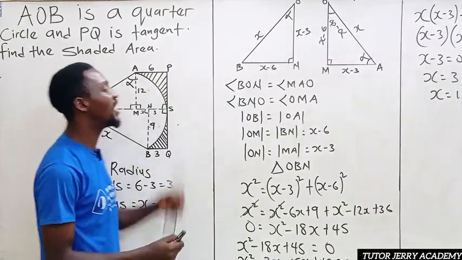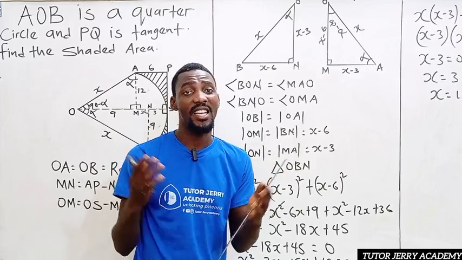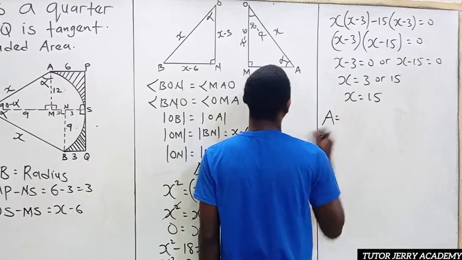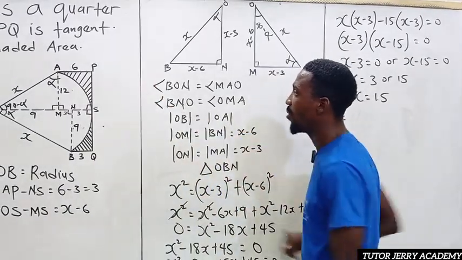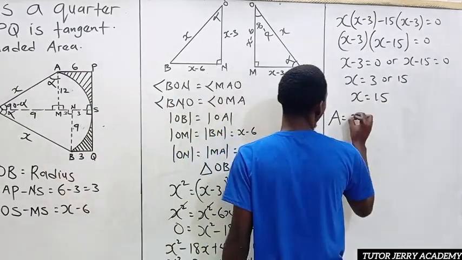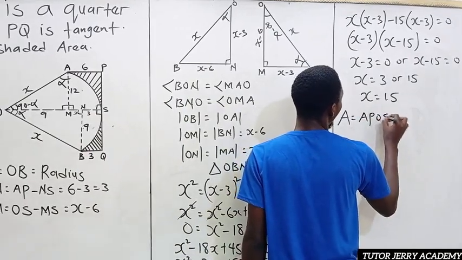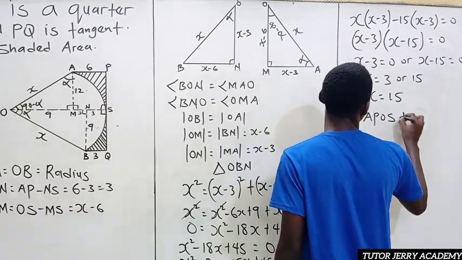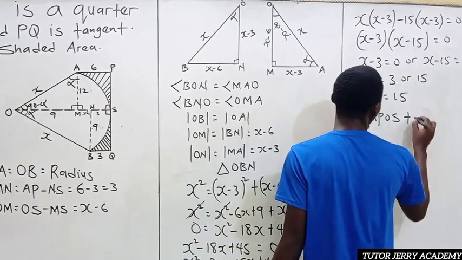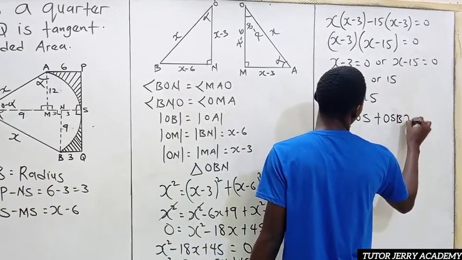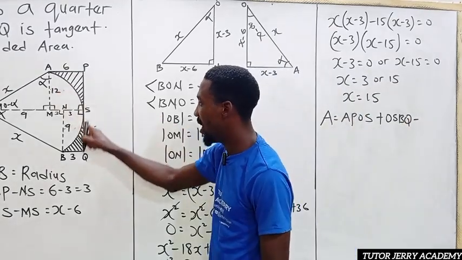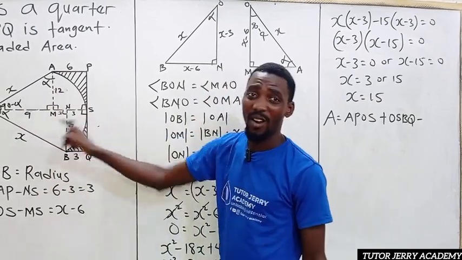So we denote the area of the shaded region by A. It's going to be equal to the sum of APOS plus OSBQ, then minus the area of a quarter of a circle.